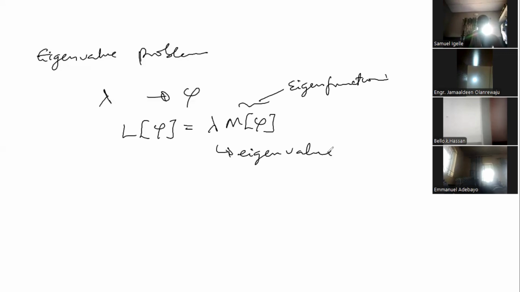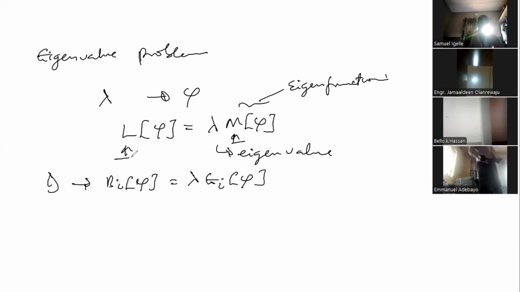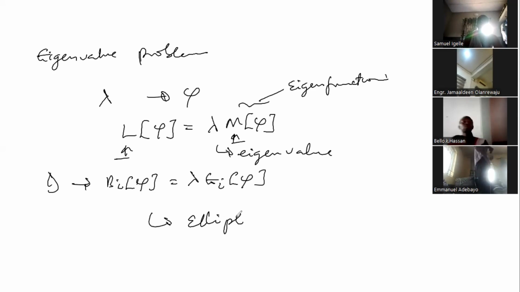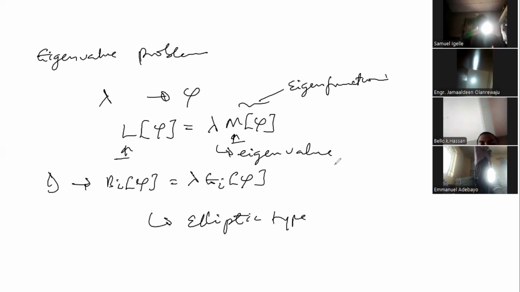And this also is satisfied within the domain D for the boundary condition B sub I of phi being the same as lambda E sub I of phi. And also the operators in this case, L and M, are equally elliptic. That is also of elliptic type. So far, we've been talking about elliptic, and we're going to talk about what this elliptic means shortly. We're just trying to classify based on what we've been doing.